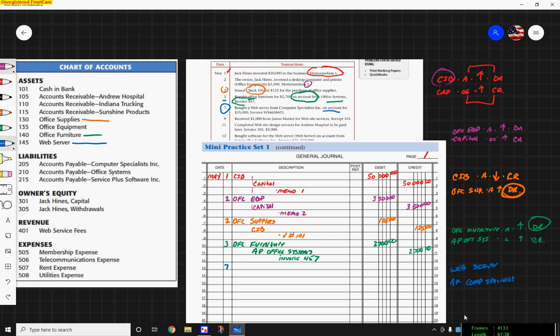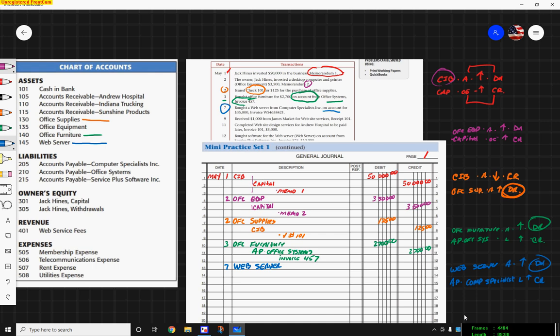All right. Web servers is an asset. Assets also increasing because we have more of it. There's your debit. Accounts payable is a liability. You have more of it, but there's your credit. Assets first. So web server. How much was it for? 35 grand.